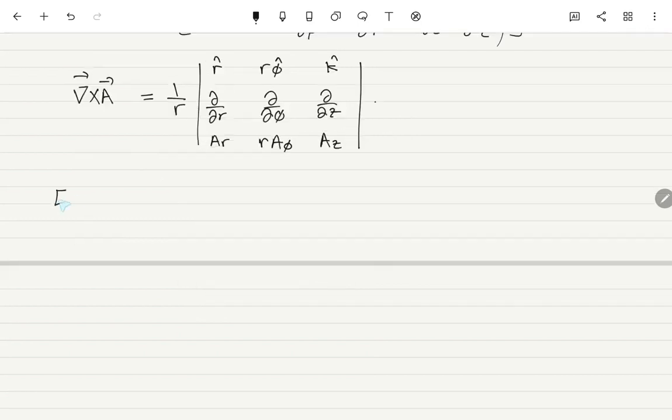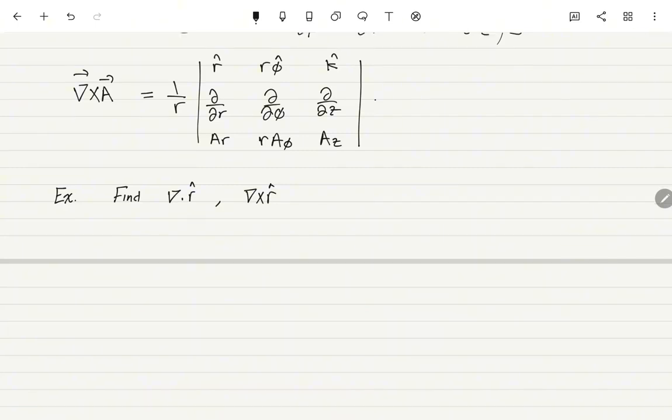Example: find divergence of r hat and curl of r hat in cylindrical coordinates. To find divergence of r hat, let's go back to the divergence definition and the general vector A definition.